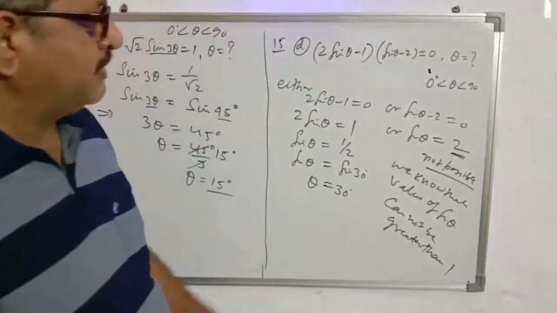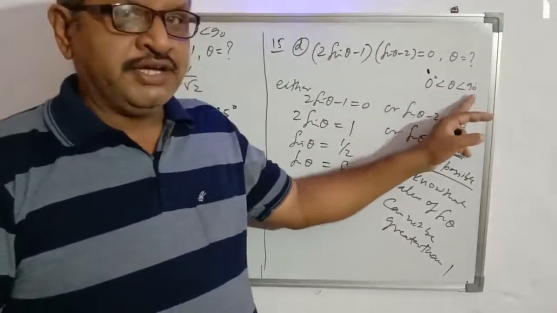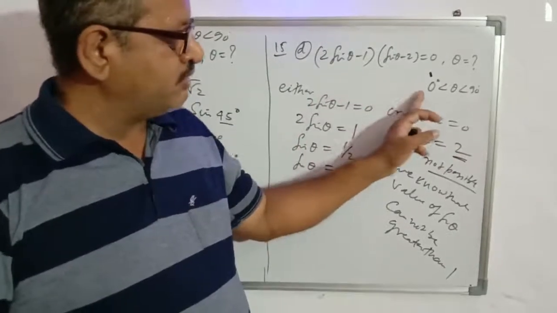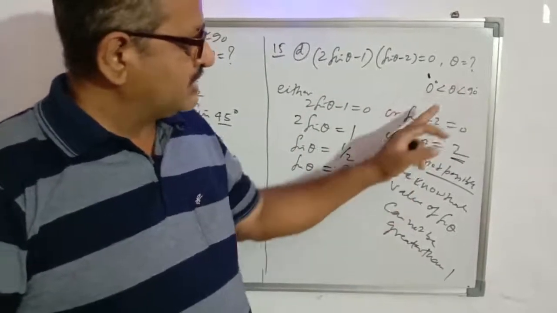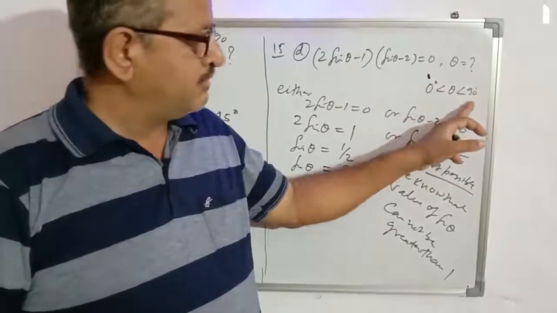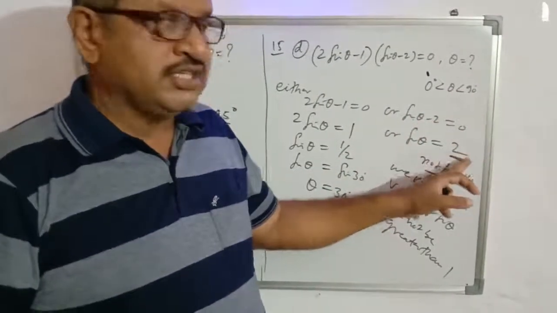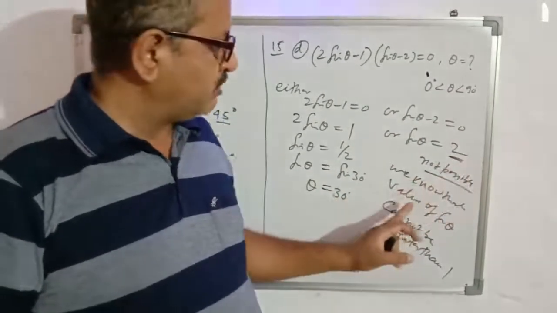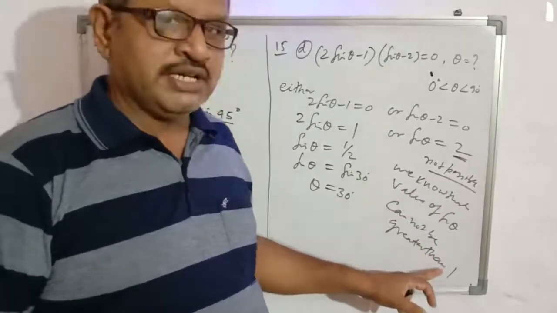Theta is from 0 to 90, and in the table we know that from 0 to 90 degree sine 90 value is 1, but here it is coming sine theta is equal to 2.